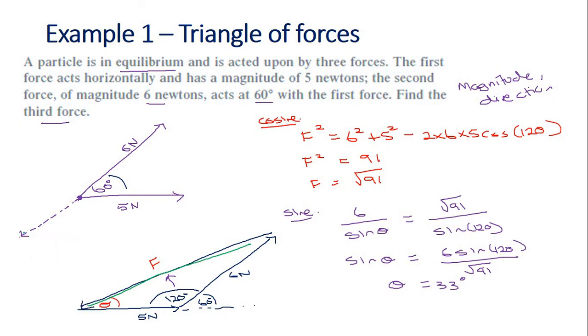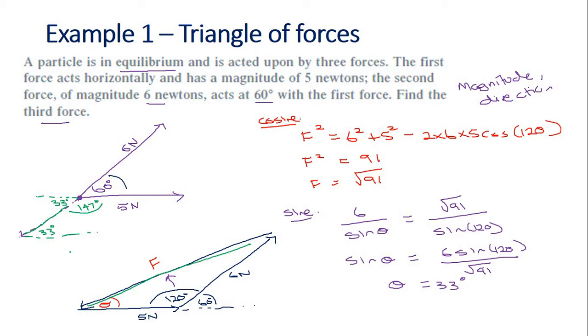If we're matching it with this one, the angle at the bottom, this angle here, is 33 degrees. So if we want to describe the angle that this makes with another force, if this is 33 degrees, that means this angle in here is 33 degrees, which means the angle that my new force is making with the 5N force is 147 degrees.